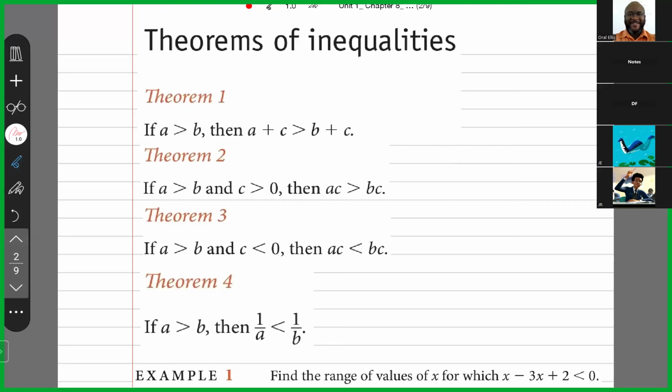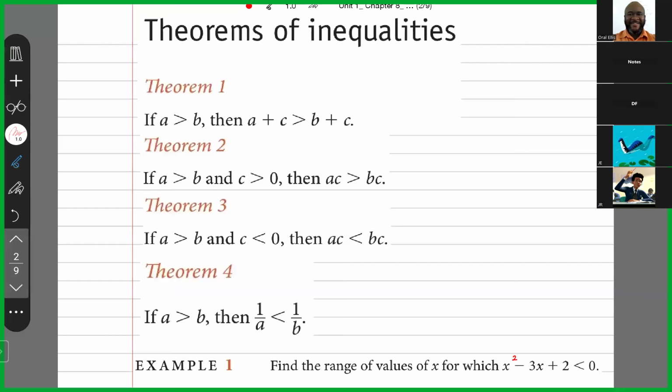Theorem 3, if you multiply both sides of an inequality by a negative number, the inequality sign will change. And theorem 4, essentially saying that if A is greater than B, in other words, if you invert both sides of an inequality, you must change the inequality sign. I'm guessing this is important. All right.